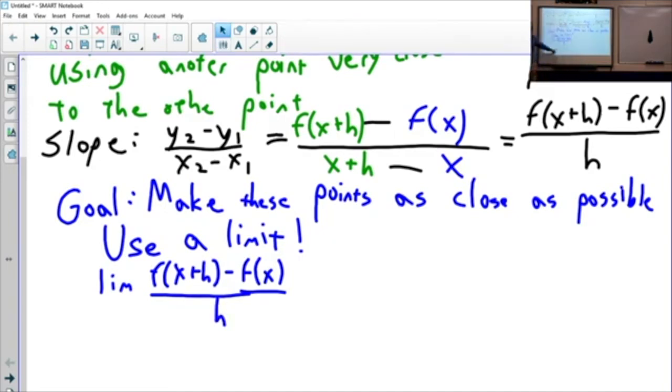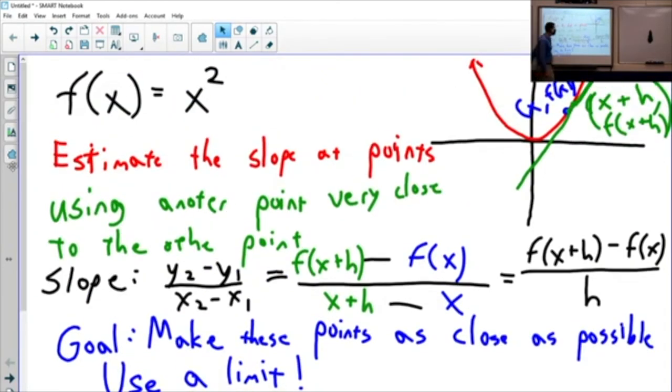But we need to put something here. In our notation, there's a variable that we need to approach a number. So usually we have something like the limit as x approaches 5, or the limit as c approaches -3. So we need something to go here. So I want you to think about what that's going to be.